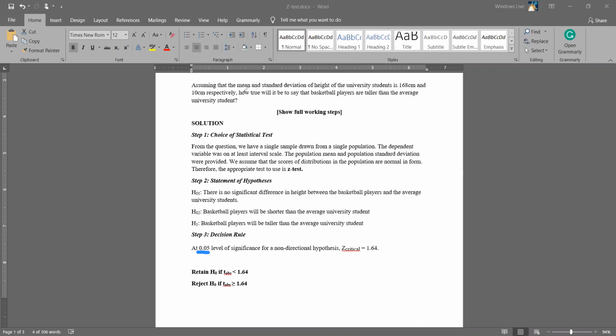Then we move on. The hypothesis, was it directional or non-directional? You can see that they specifically indicated that it is directional, because they indicated one group will be taller than the other. So it is a directional hypothesis. Since it is directional, we are supposed to use certain things.